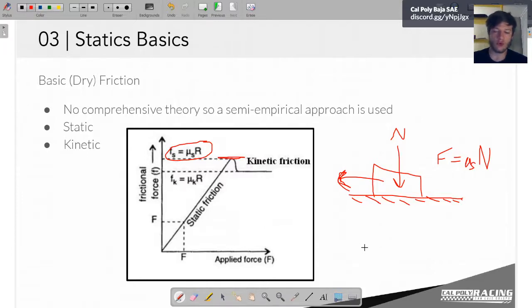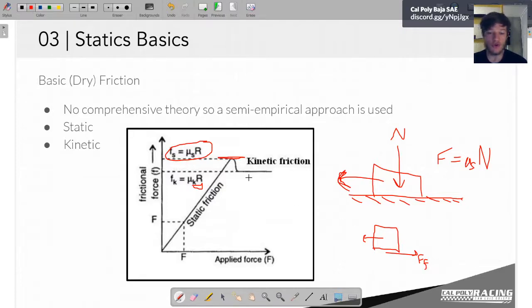Just for completeness, if I have a box that is moving and I were to do some dynamics on this, the force of friction would be equivalent to mu k times R. For some things, mu k is different from mu s, so the constant that we measure is different. For some things, it's the same.